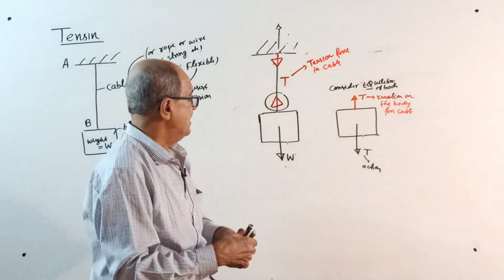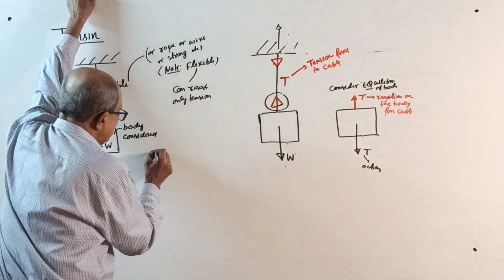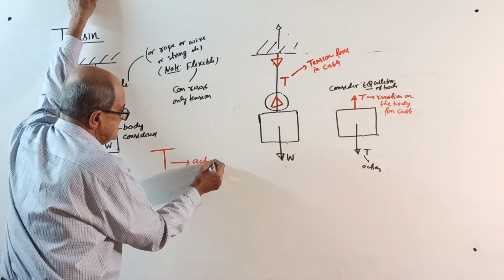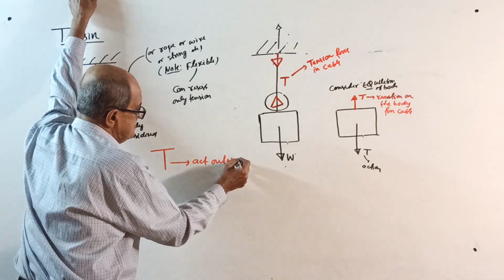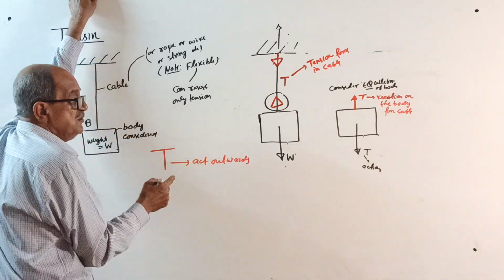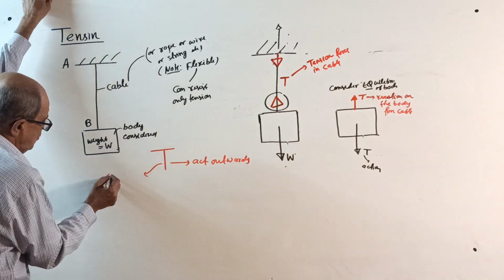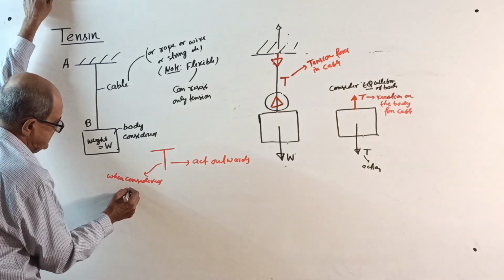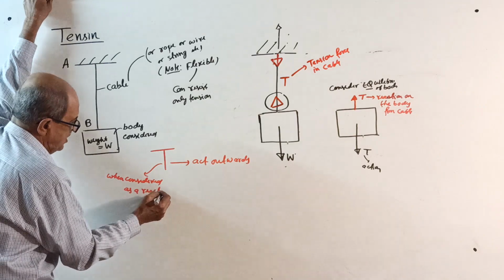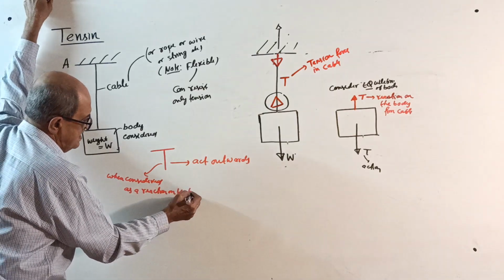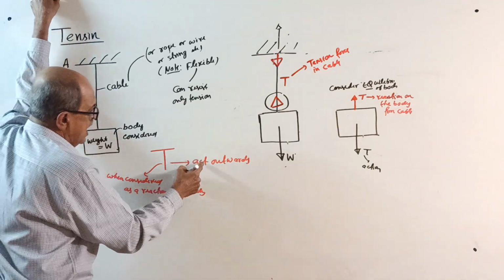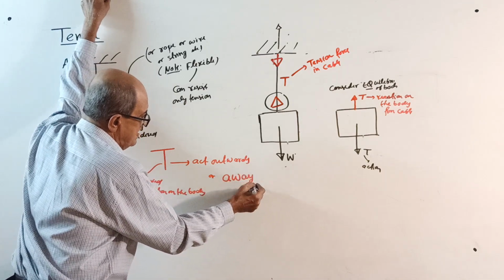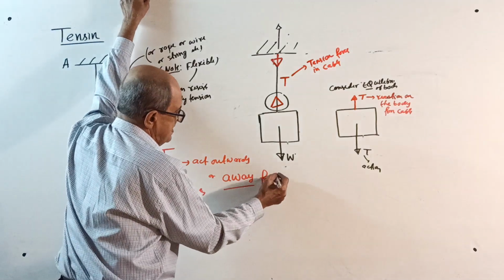Or, remember, permanently, tension T is always acting outwards. When tension T is considered as a reaction on the body, it will always act outwards, away from the body.